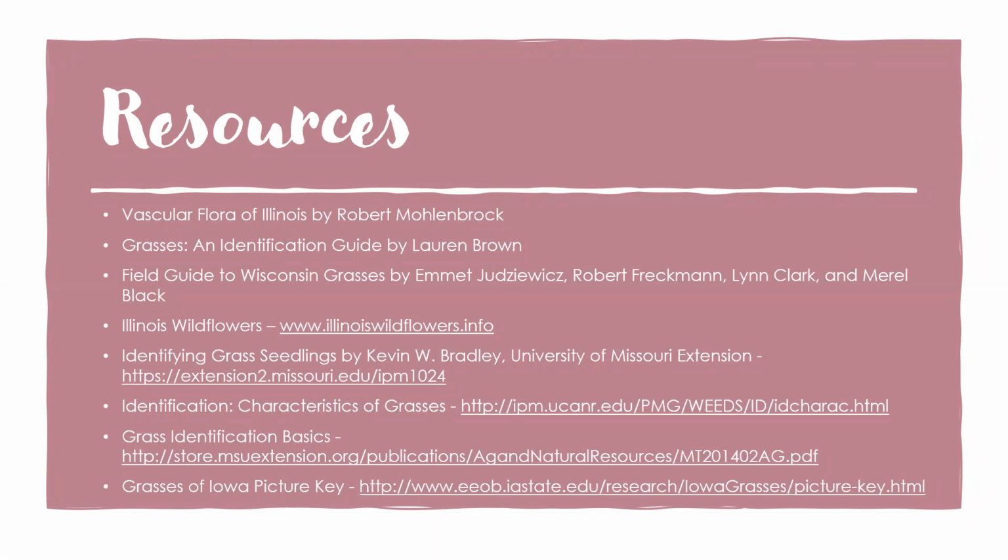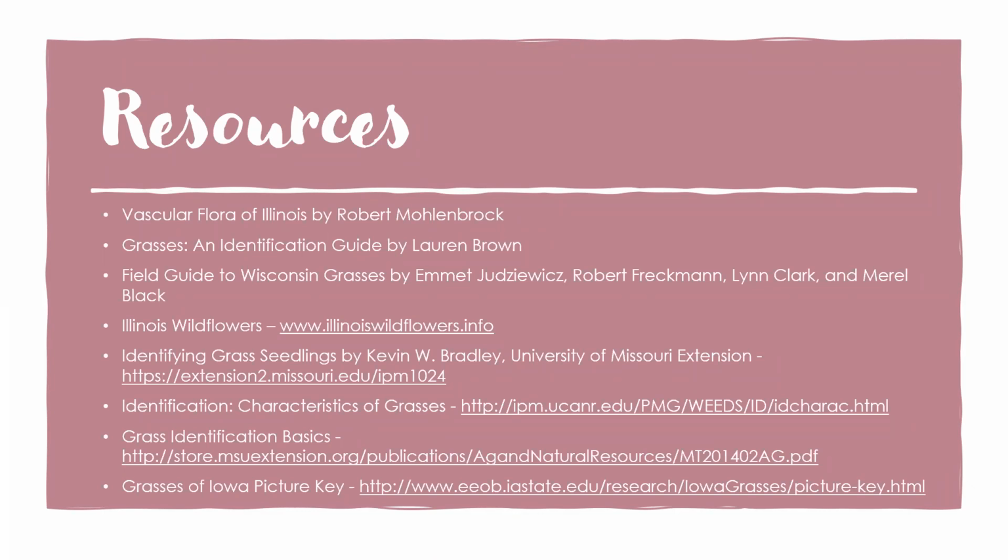It is a technical key. There are no pictures, but it is always a great resource to have in your back pocket. I started out using more beginner-friendly guides and then got a little bit more familiar with terminology, and the Vascular Flora has been extremely, extremely helpful.